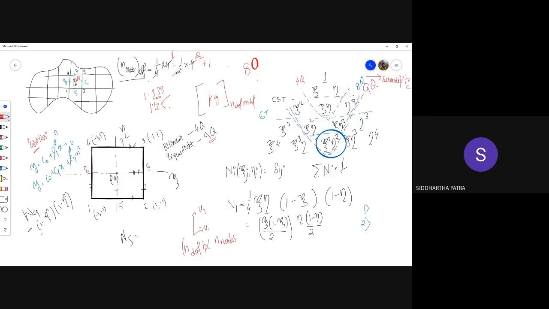So serendipity element. What is the meaning of the term serendipity? I don't understand much of it, but it is mostly like getting extra out of lower cost. It is some sort of meaning like that. So you are actually getting eventually quadratic terms, xi squared and eta squared terms.